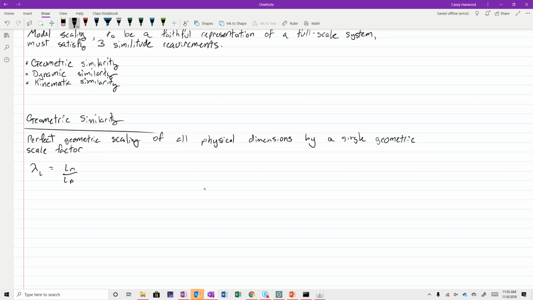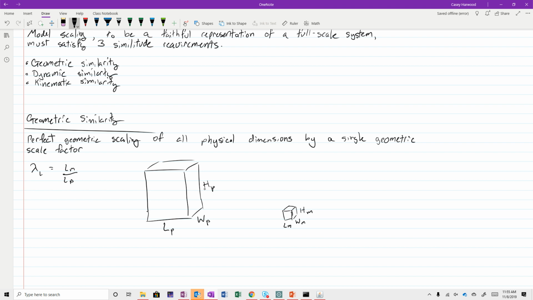So what this means then is if we've got a box for our prototype that is H by W by L, okay, H_P, W_P, and L_P. And we've got a scaled down version of this box, W_M, L_M, H_M.